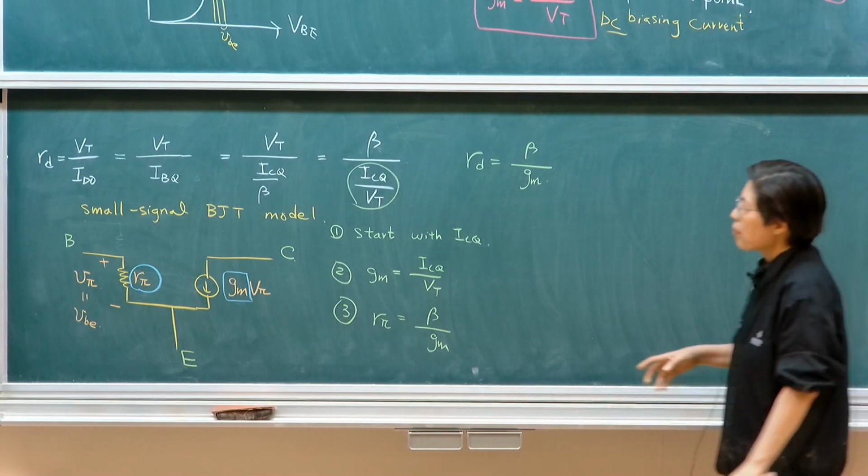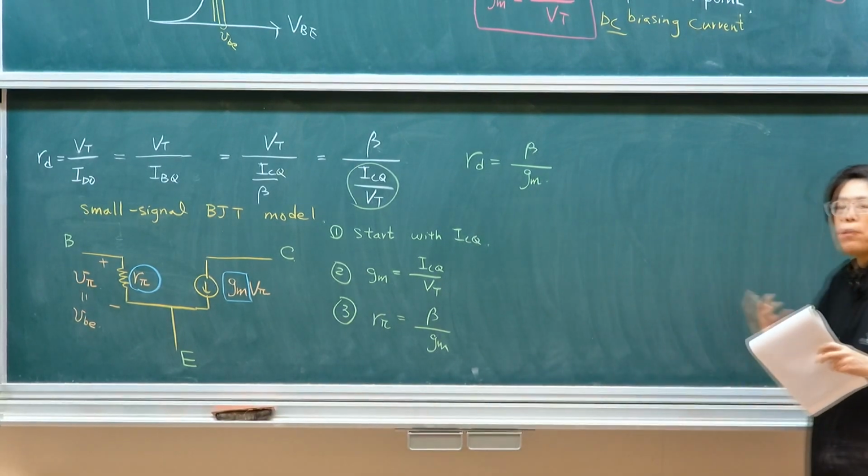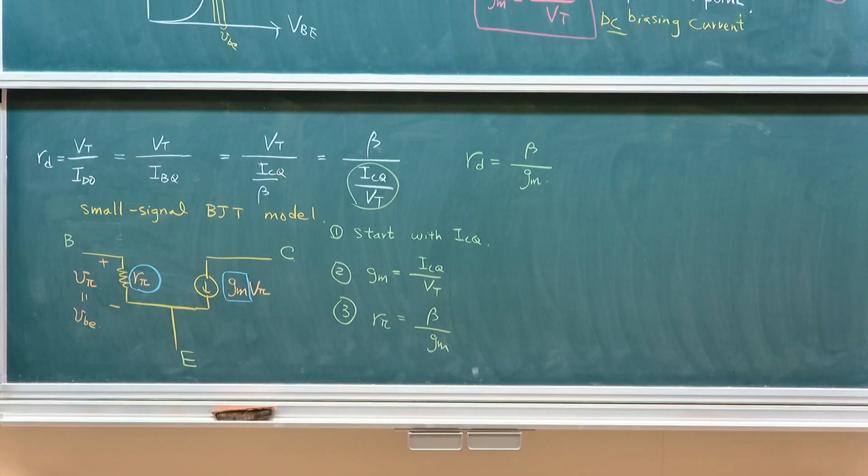Okay? So once we're equipped with the tools of doing small signal analysis, even though it's very limited, on a BJT device small signal model, I'm just going to tell you that this is chapter 4.